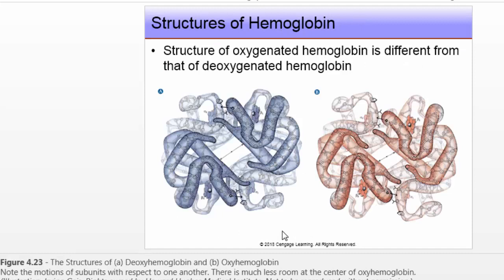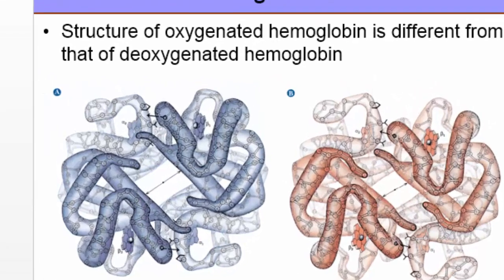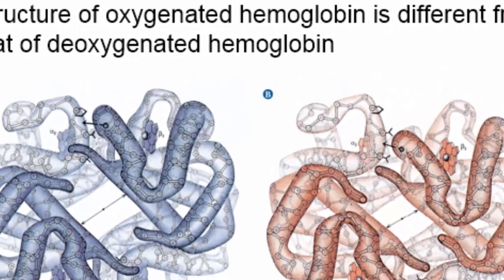Now let's look at this figure, which shows us the structures of the oxyhemoglobin and deoxyhemoglobin. Note the motions of subunits with respect to one another. There is much less room here at the center of oxyhemoglobin than in the deoxygenated hemoglobin.